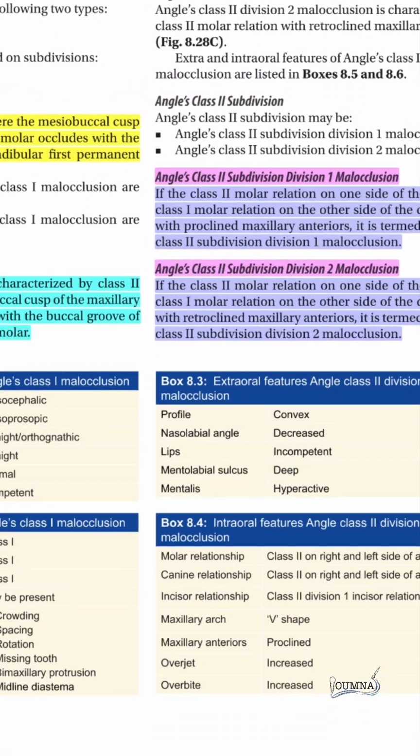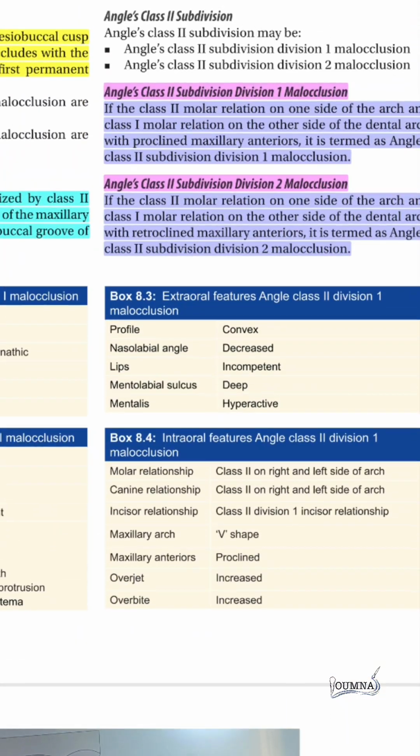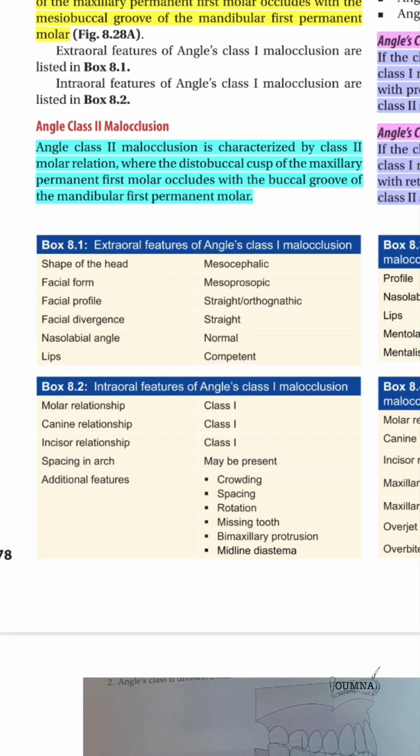Class 2 has two subdivisions. It is characterized by the distal buccal cusp of the maxillary permanent first molar occluding with the buccal groove of the mandibular first permanent molar, which means that there is a protrusion.